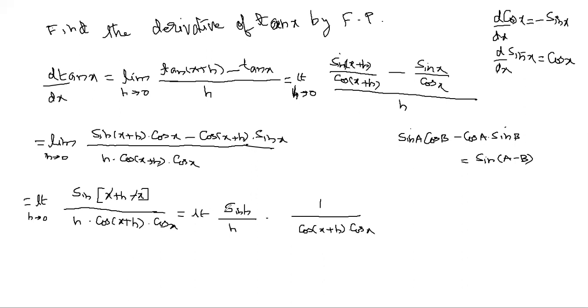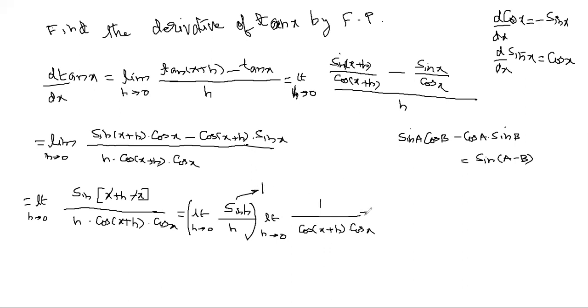Here there is no need to change the limit, since sin is already with h, so h tending to 0, and here also limit h tending to 0. This whole term, you know, will become 1.